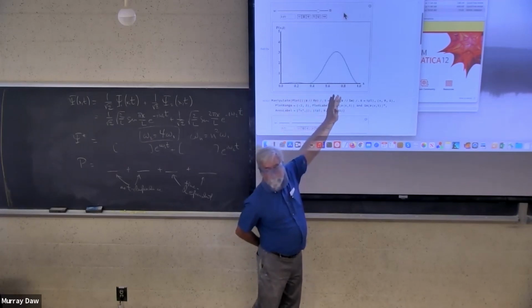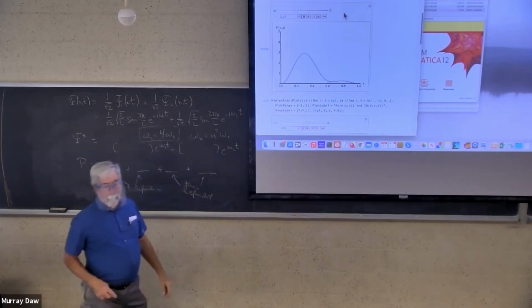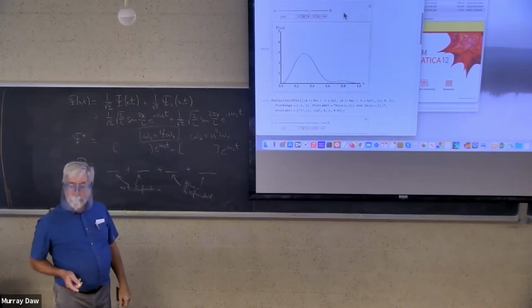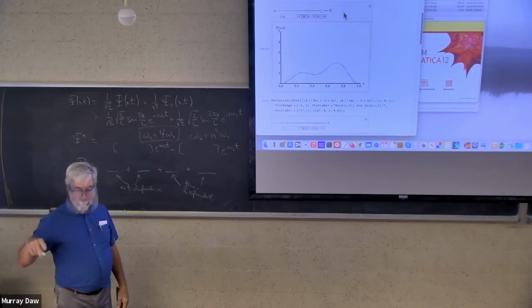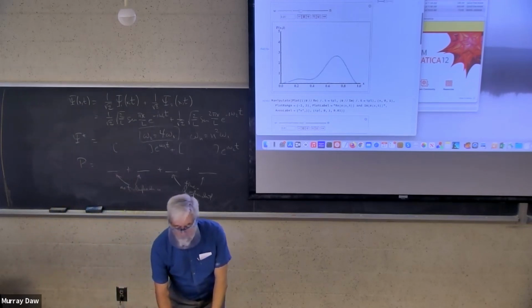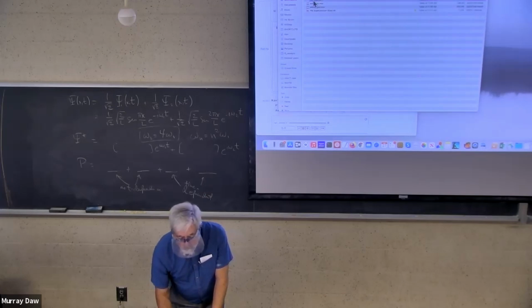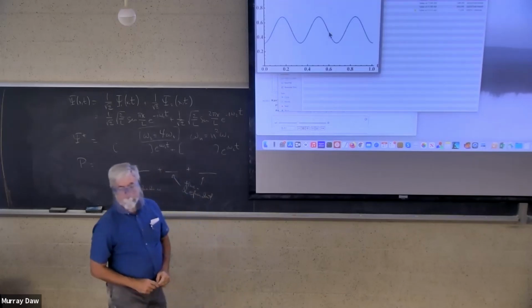Oscillating back. And then the average of x squared. So the width of this thing is changing in time. Okay, so in fact, the result looks like this. Here's the average of x as a function of time.